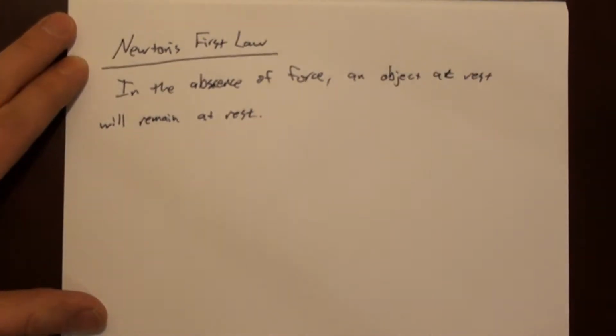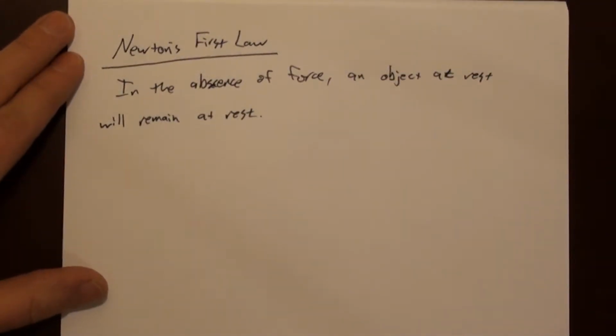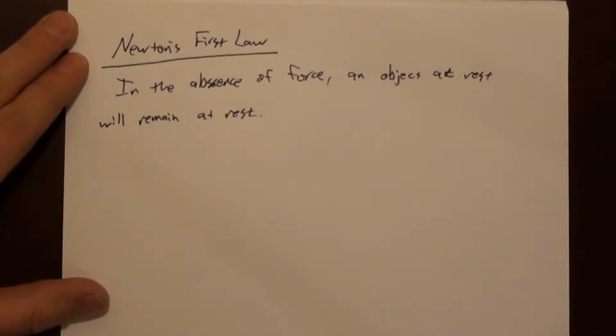All that's saying is that forces are what cause things to move. So if there is no force and an object's not moving, it will not just spontaneously start to move. Right?